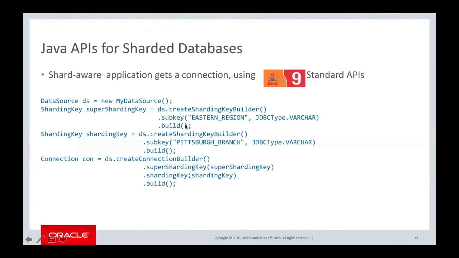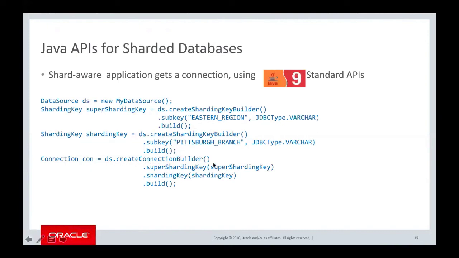Okay, so you build the super sharding key if you need one, but most of the time you will need to just build a single sharding key. By doing this, you create the key builder, specify what is the value, and then invoke the build. After that, you just create a connection.